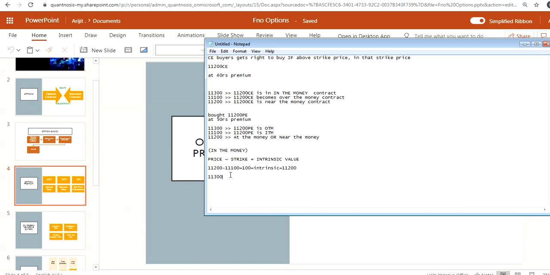Similarly, if price is at 11,300, which is in the money for 11,200 CE, then 11,300 minus 11,200 is 100 rupees, which is the intrinsic value for 11,200 CE. The extrinsic value is the remaining part of the premium you pay.